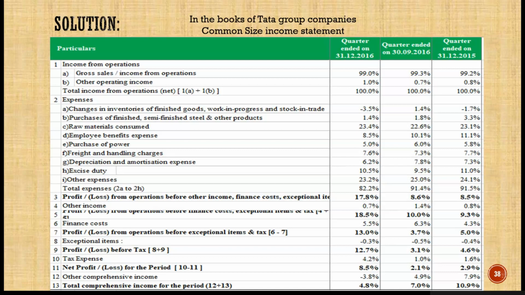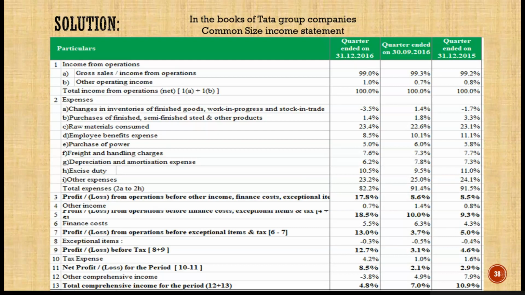Then other income shows the fluctuation again. It has increased in the second quarter and again decreased. By this way, we can compare the data whenever there is a requirement to see how the firm is performing, what is the performance of the firm. If the organization wants to see their performance monthly, they can see by using this common size statement monthly, quarterly, 6 monthly, or yearly.